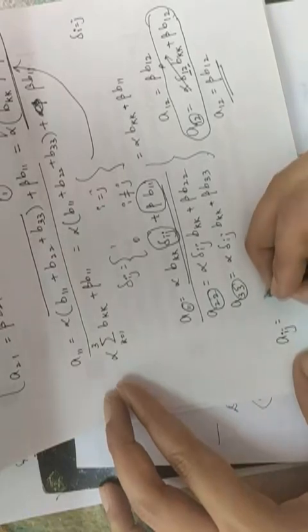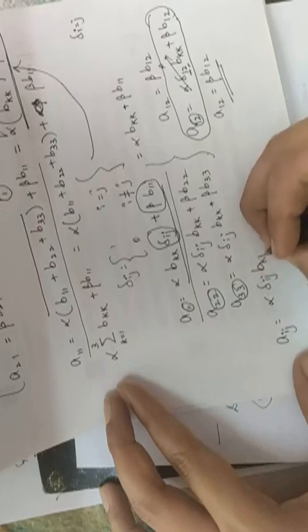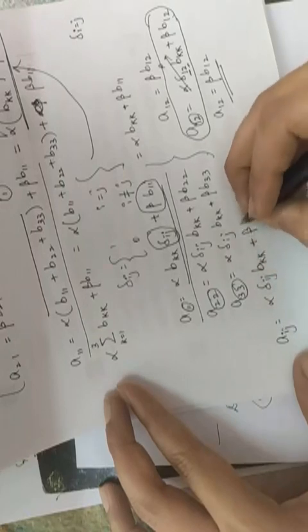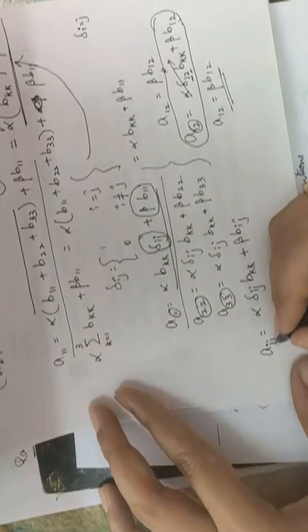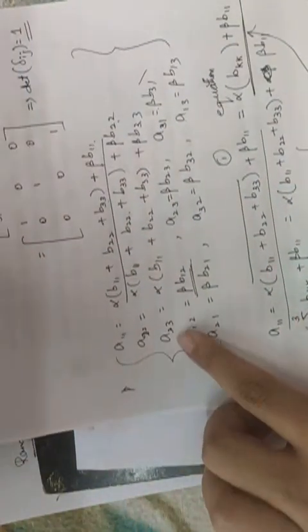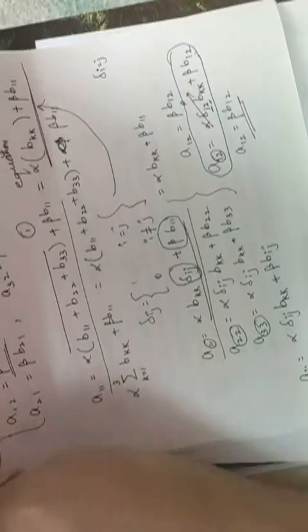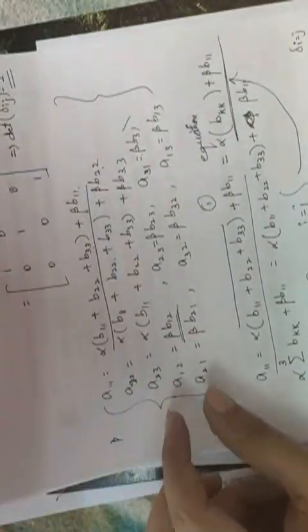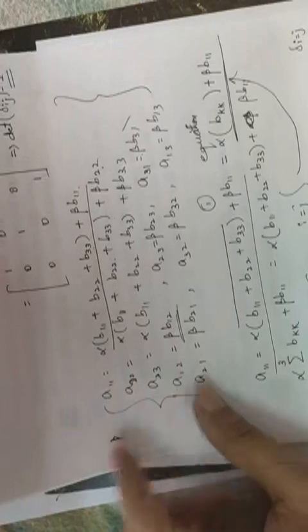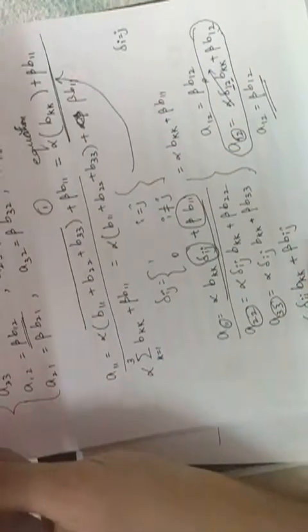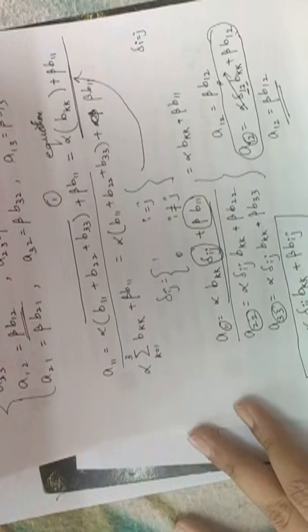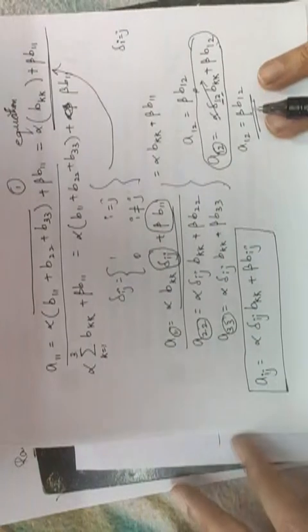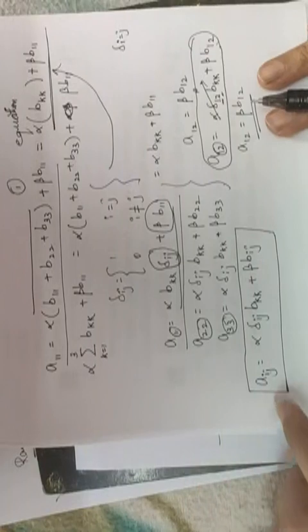This will be equal to alpha into delta ij bkk plus beta bij, right? So if i is equal to j, you will get the first 3 equations. If i is not equal to j, you will get the next 6 equations. So this is nothing but the condensed form of the given set of equations. I hope this is clear.